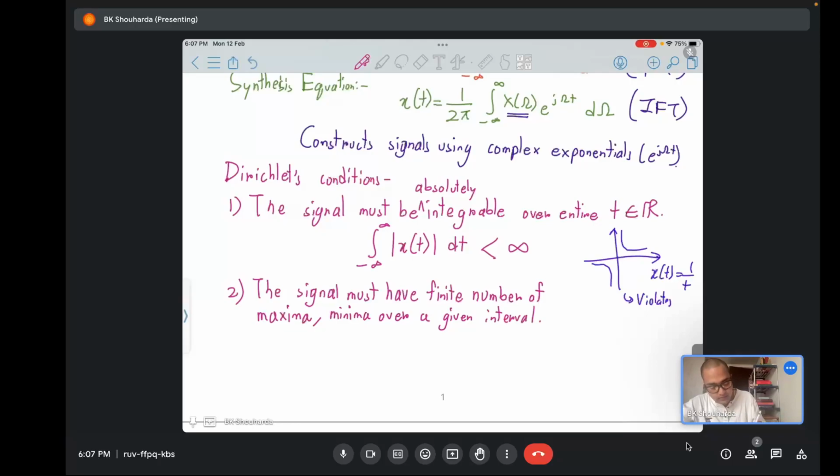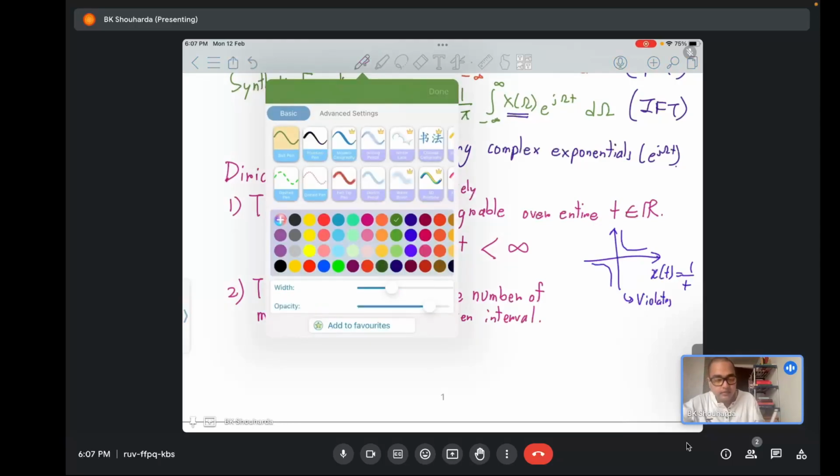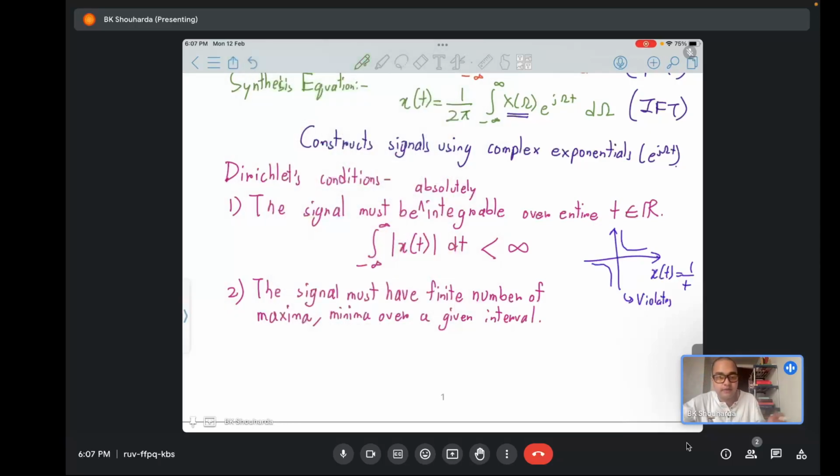And what is one example that defies this? One example would be cos of 1 upon t. And how does it behave? When t is very high, the frequency is very low, so it oscillates slowly, and when it goes around 0, it oscillates very fast.